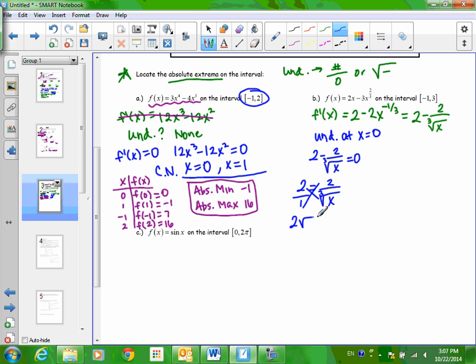So I'm going to get 2 cubed root of x equals 2. Now what do you think we could do? Divide by 2. And you get cubed root of x equals 1. Cube both sides, and x equals 1. So my critical numbers, just to rewrite it, is x equals 0, because remember, we got that from right there, undefined, we did that one first. And then we got x equals 1 when we set the derivative equal to 0.